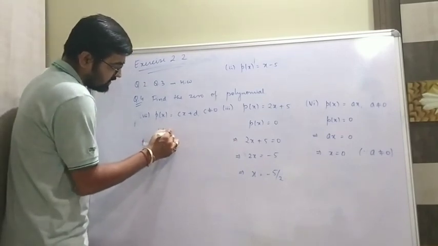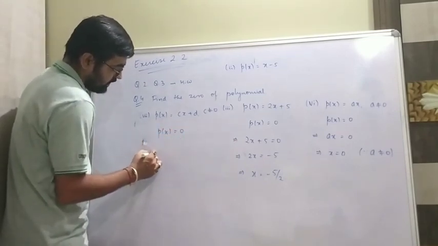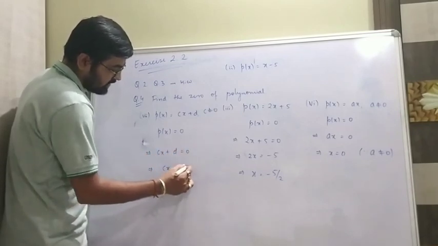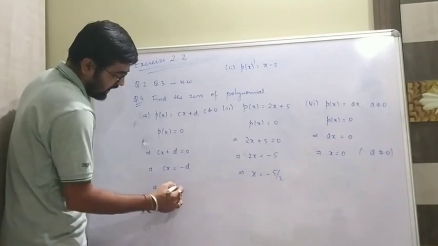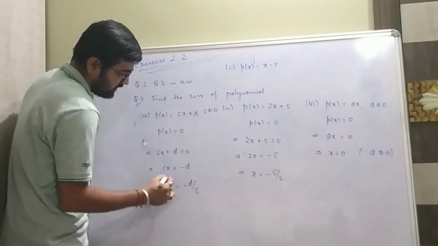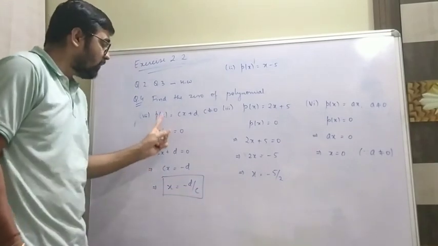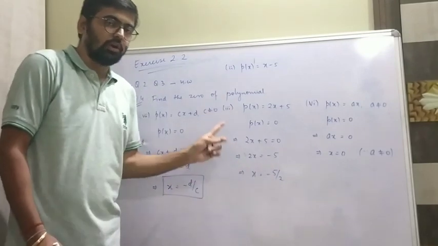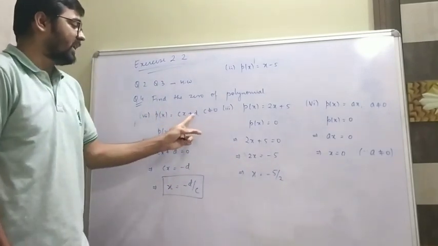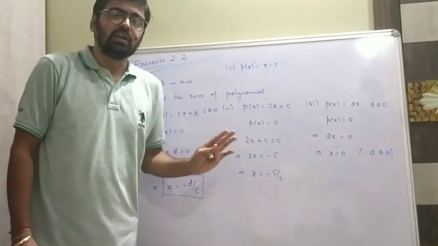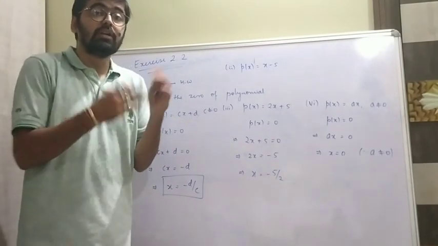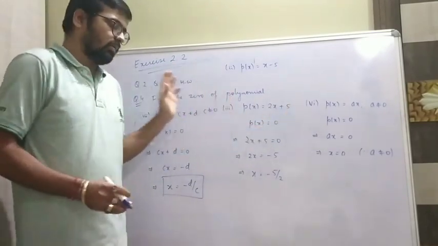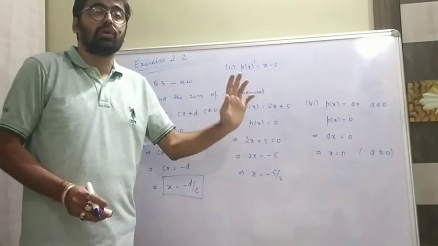So again the concept is the same, p of x equals 0, that means cx plus d equals 0, that means cx equals minus d, so x equals minus d by c. So this is somewhat similar to the general one we have understood, the linear polynomial ax plus b. It's similar, instead of a and b we have c and d. Nothing extra or very difficult, correct? We know how to find the zero of a linear polynomial.